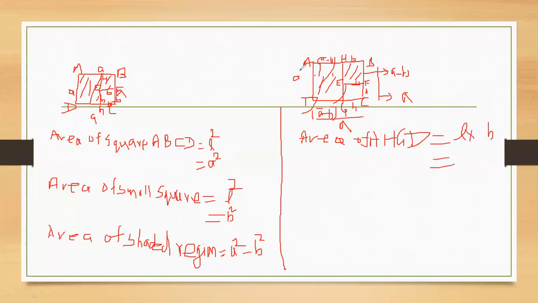Look here, for HD the length is A, and what is the breadth? The breadth is A minus B. This is the area.